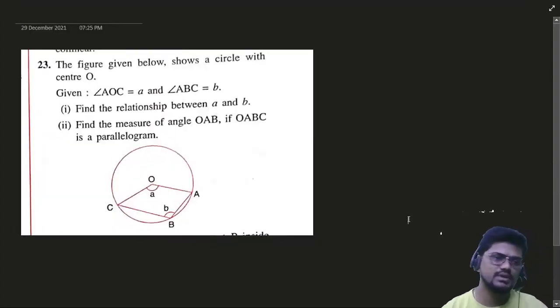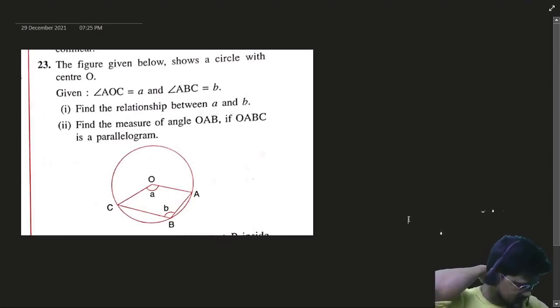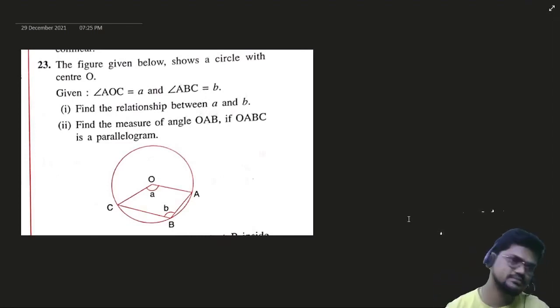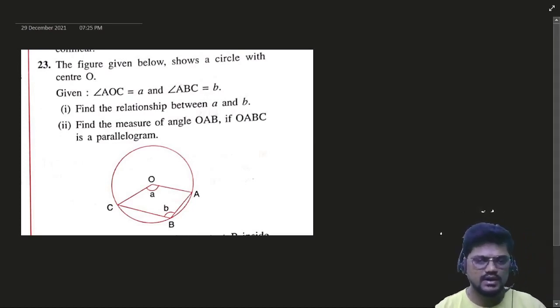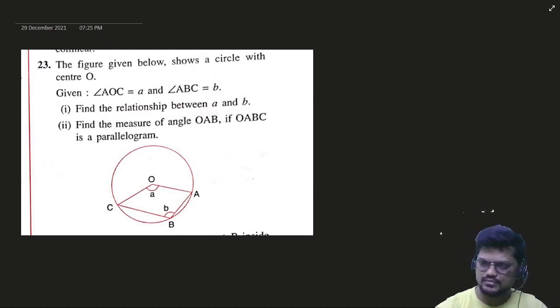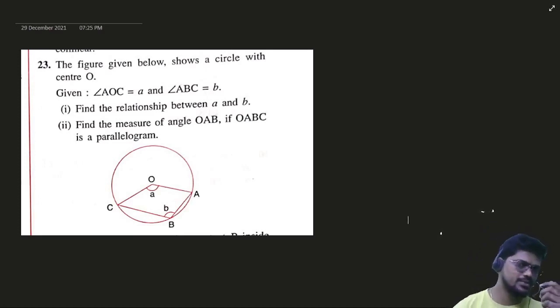What will be the relationship between angle A and B? Can you derive? You have to find the relationship between A and B. It's easy, it's not difficult.